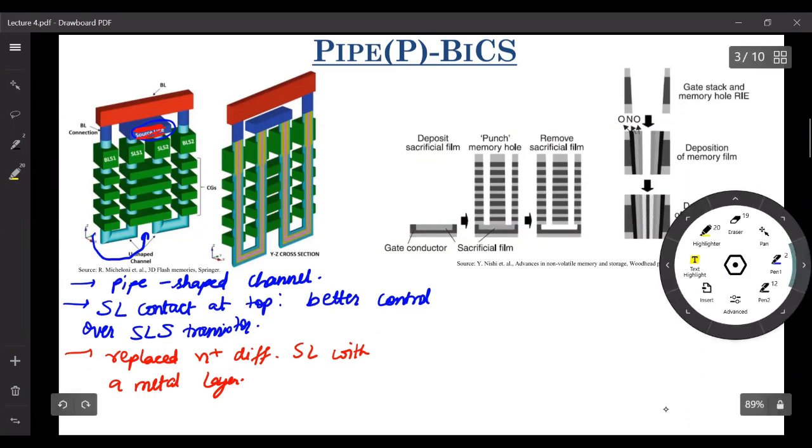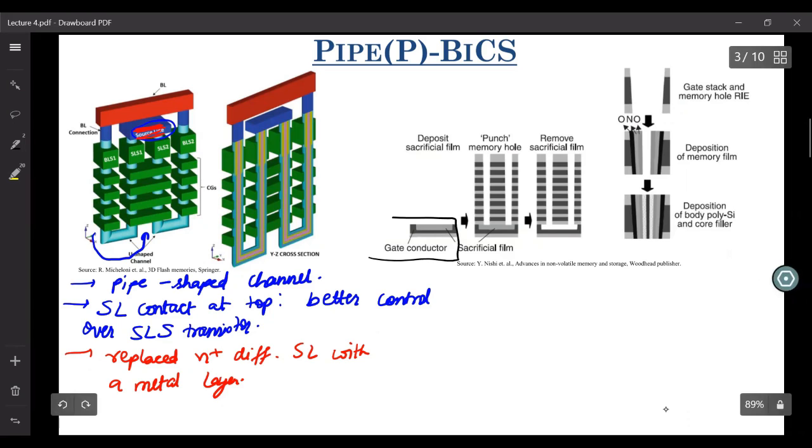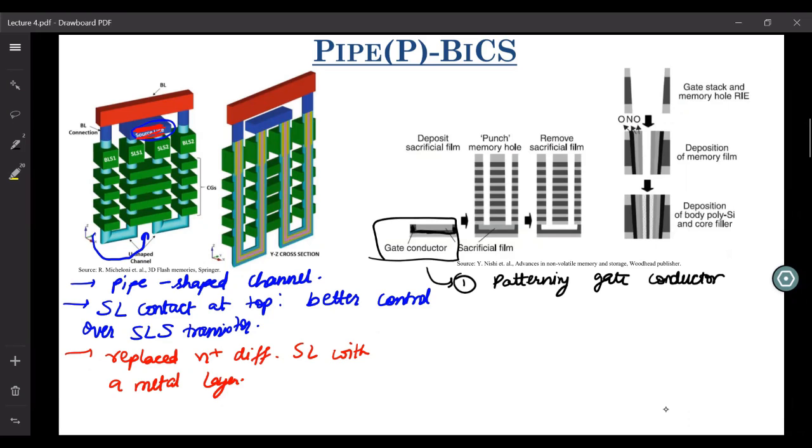So the first process in the fabrication involves formation of this gate conductor. So let me write it. The first process is patterning this gate conductor. Why is it called the gate conductor? Because this thing which you see in black is a gate, a polysilicon.